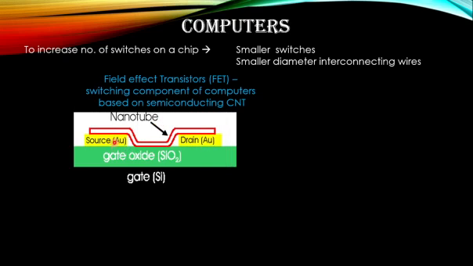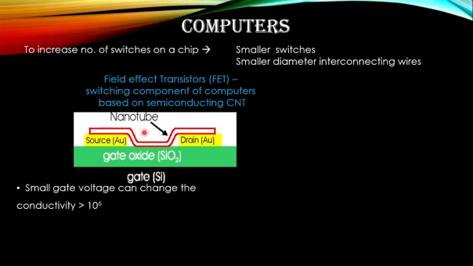So here you have two electrodes, source and drain, and a carbon nanotube is there, and there is a gate. By giving the potential to the gate, we can control the flow between the source and the drain. So this is called a field effect transistor. So you could make a carbon nanotube as a switch.